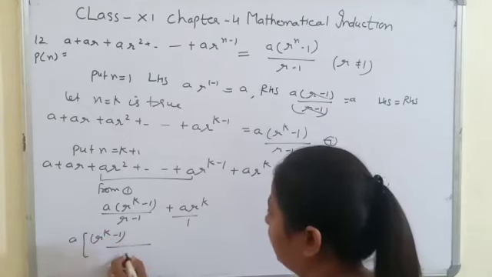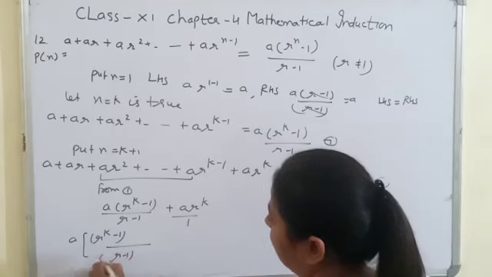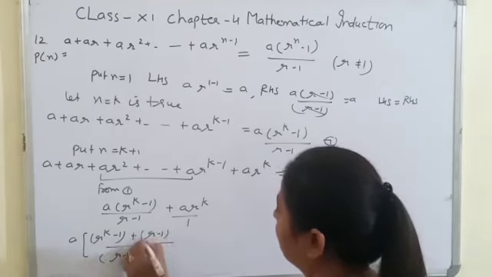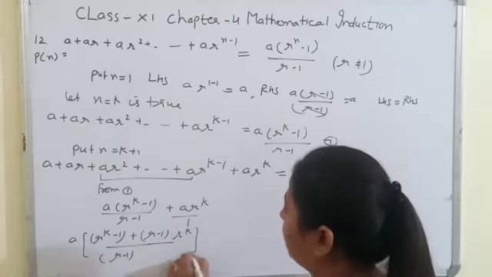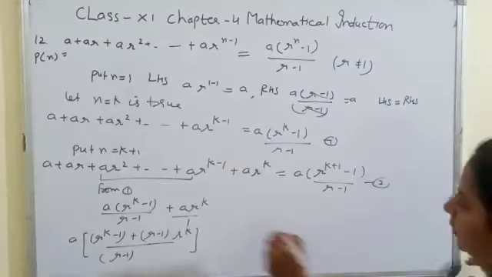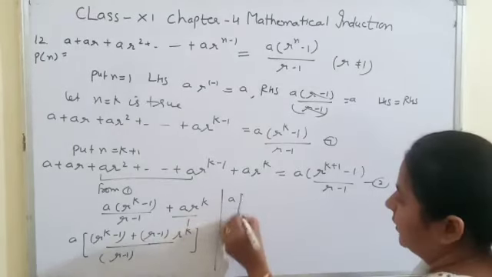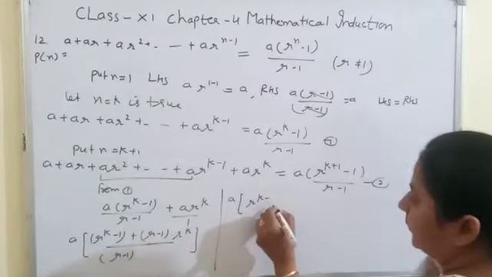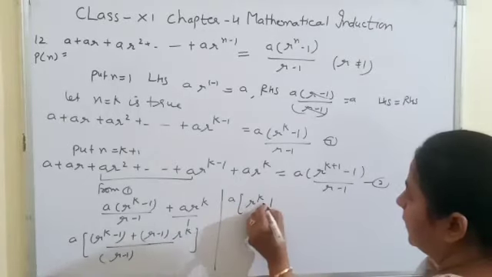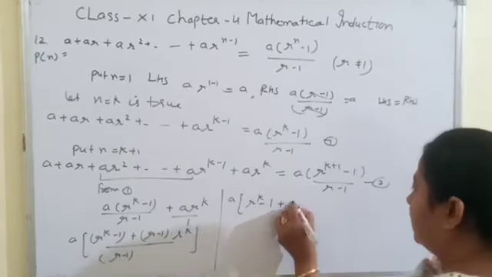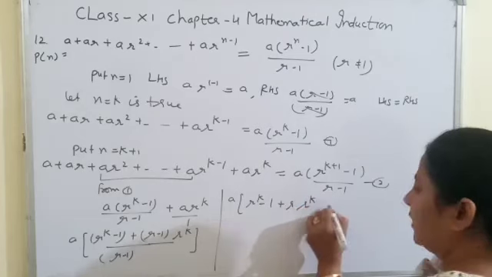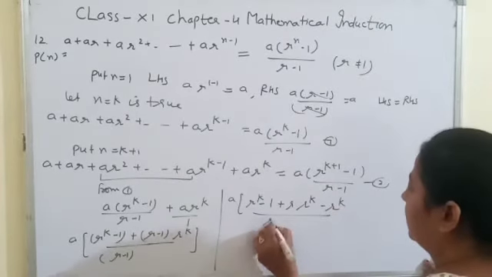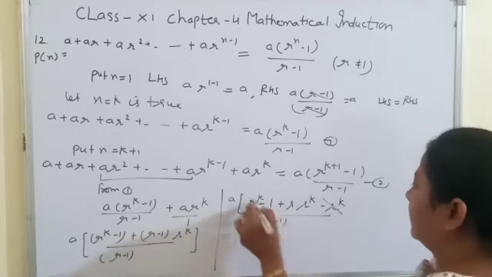Take the LCM for the rest of the values. r minus 1 multiplied by r power k. So a into r power k minus 1 plus r into r power k minus r power k upon r minus 1. This is cancelled by this one.